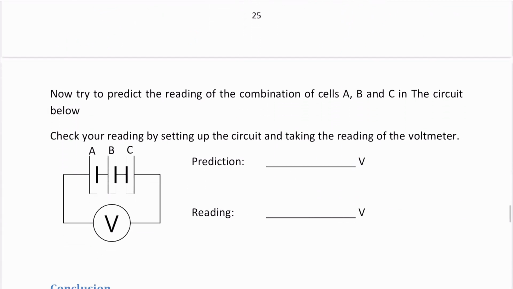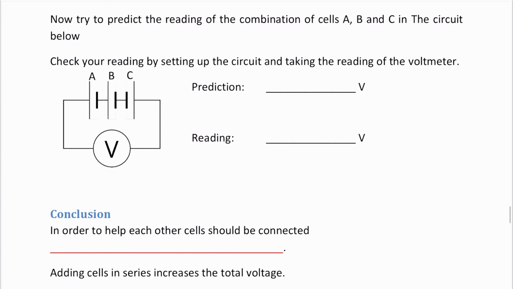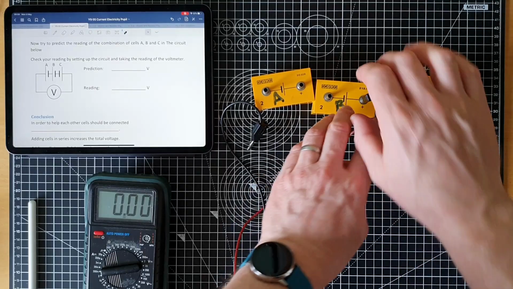So, top of page 26 in your notes, it asks you to try to predict the reading of the combination cells A, B, and C in the circuit below. So we have A plus B the right way around, and C turned the wrong way around. So what do you think the voltage is going to be?